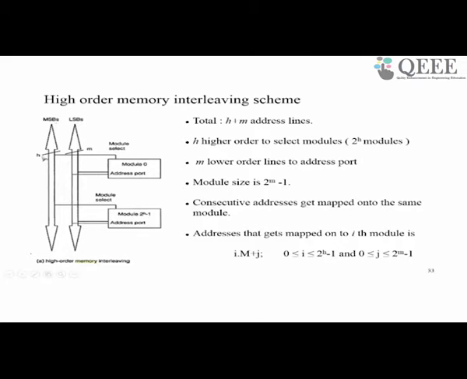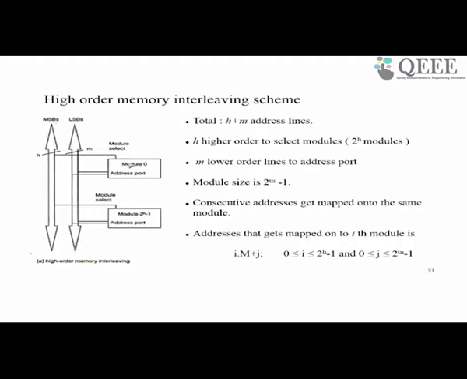Supposing we fix the higher order address lines as 0, 0, 0, then module 0 will get selected, and these 10 lines will change in all possible combinations from all zeros to all ones and generate the addresses 0 to 1023. So all these addresses 0 to 1023 will get mapped onto module 0. For all these addresses, the higher order 3 bits, H bits, will be 0, 0, 0, and therefore only module 0 will get selected. So successive addresses are all mapped onto successive locations in module 0.